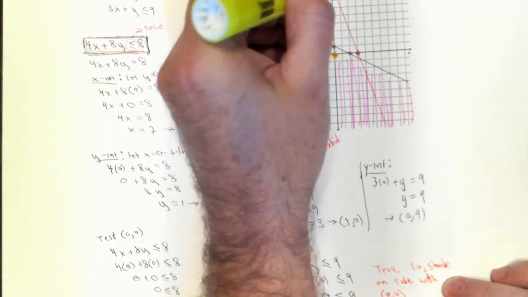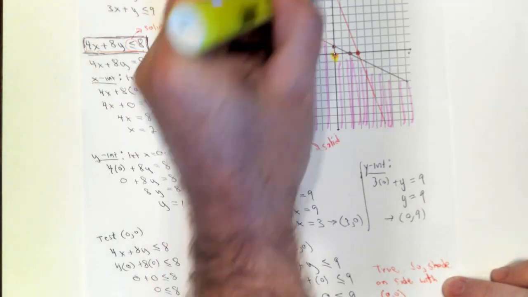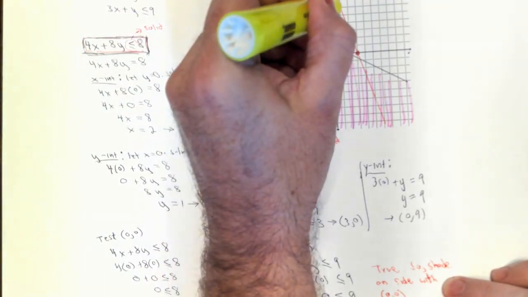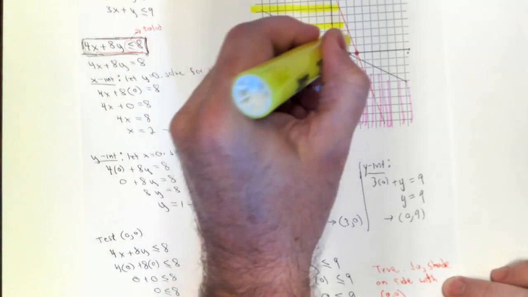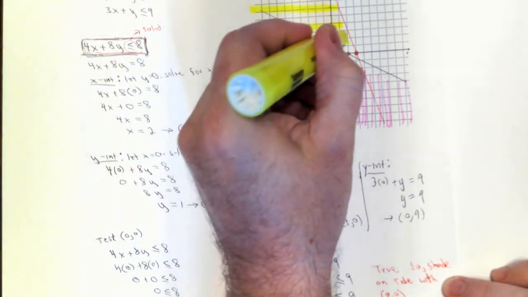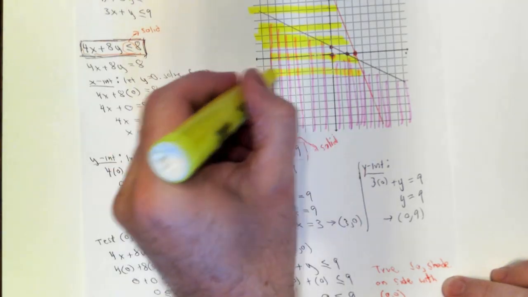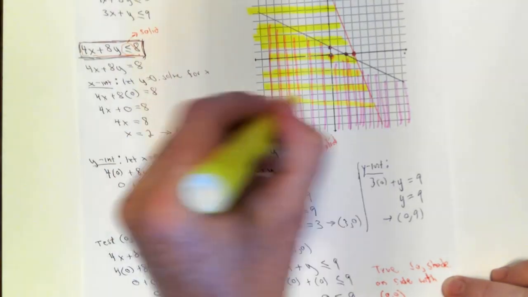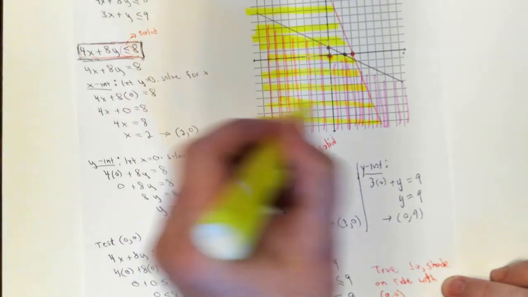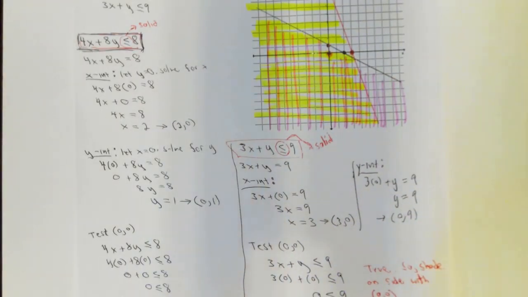But I'm actually shading everything under the second line. So that's going to include all of this. Luckily, where I started was overlap, so it worked out for me. All right, so the final answer is the region they all intersect.